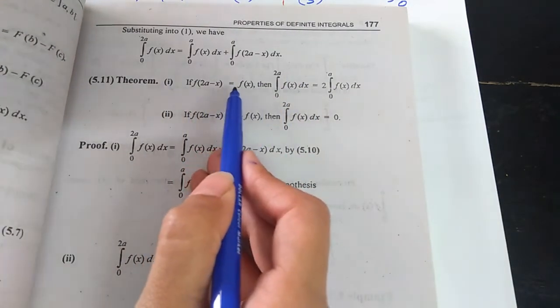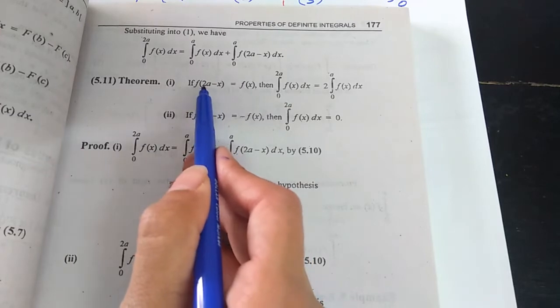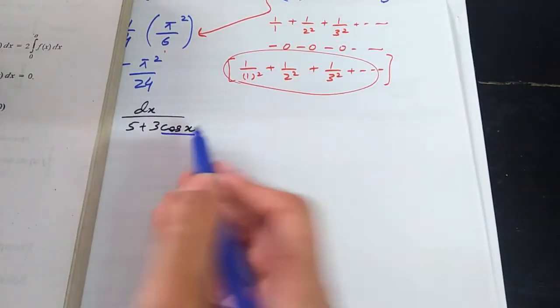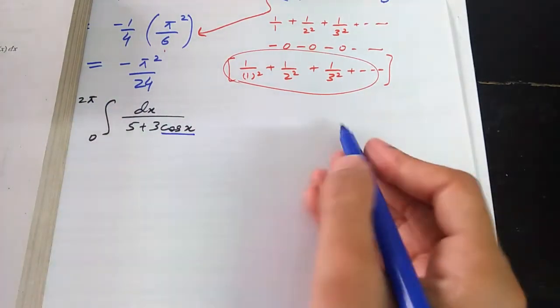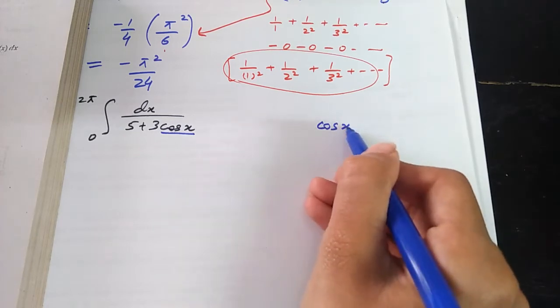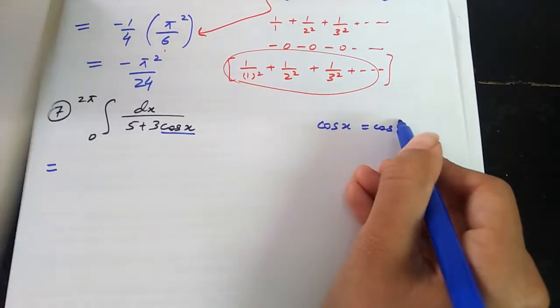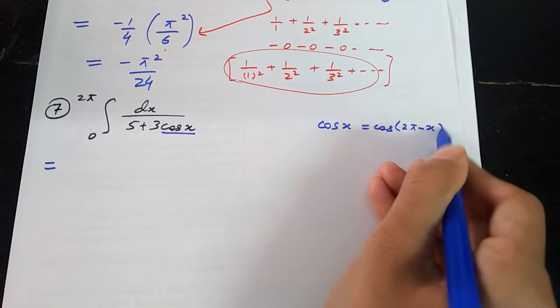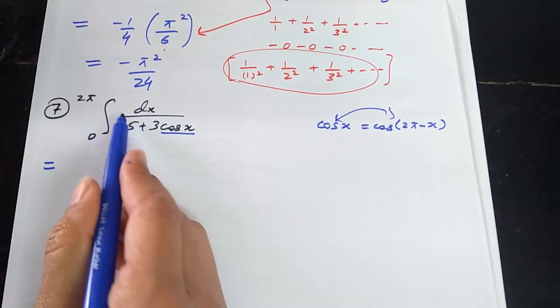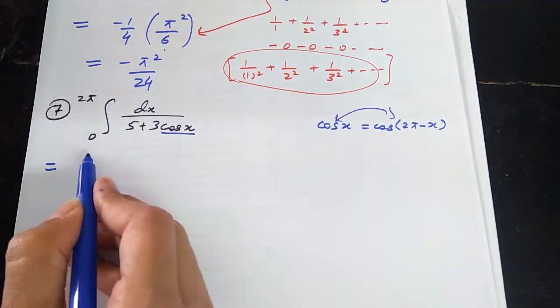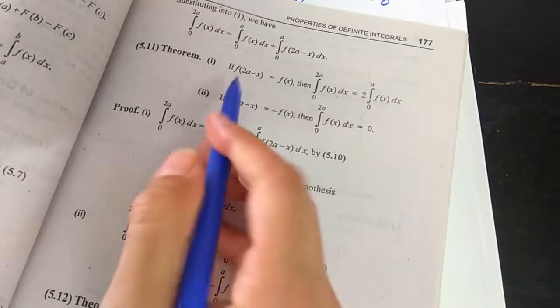We know that if f of x equals f of 2a minus x, you see here you have cos of x and the limits are 2 pi. If you replace your cos of x with cos of 2 pi minus x, you will get the same answer. It means you can break this integral using this theorem.